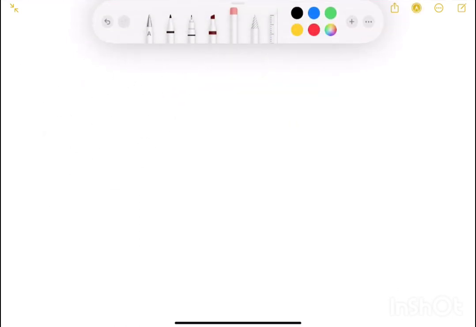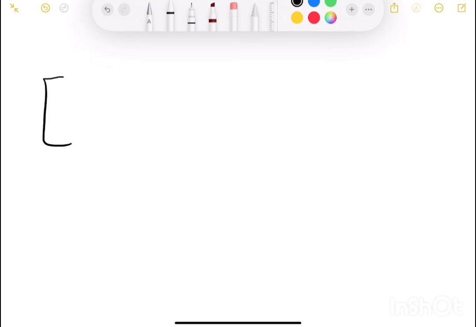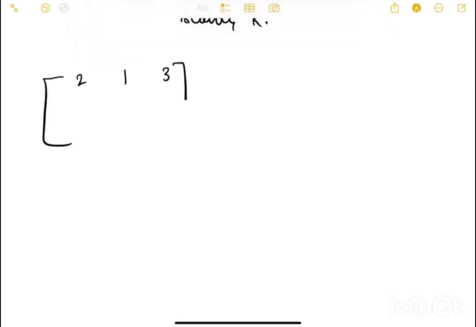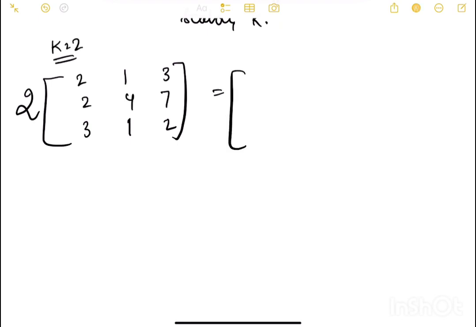I'll just write it properly. If I have this matrix 2 1 3, 2 4 7, 3 1 2, and I am considering a scalar 2, what will it be? I will simply multiply it by each corresponding element here.